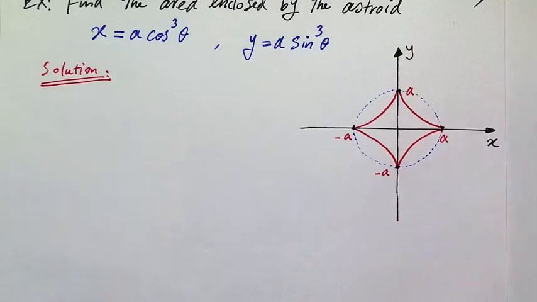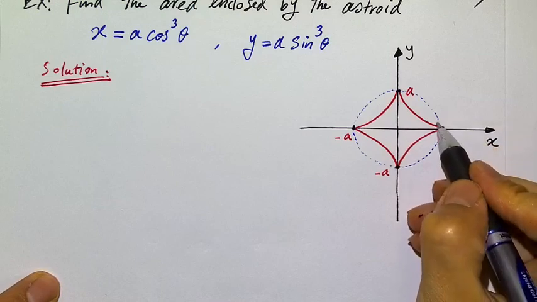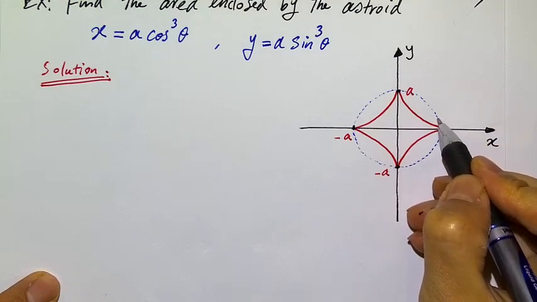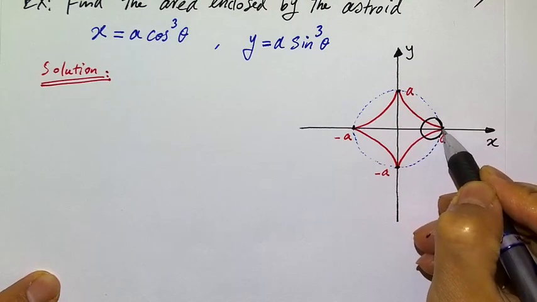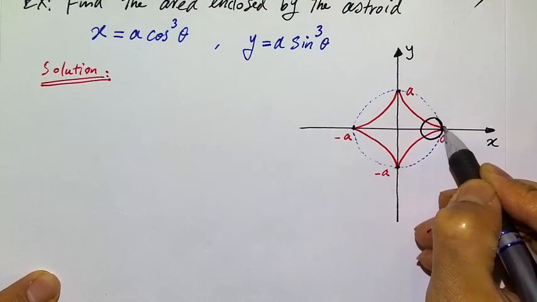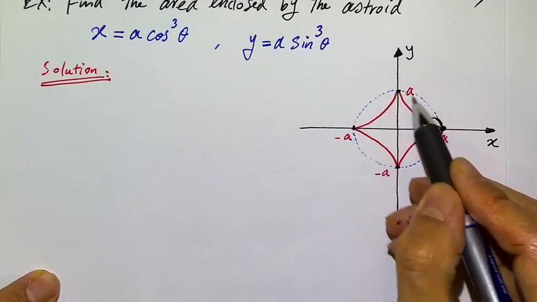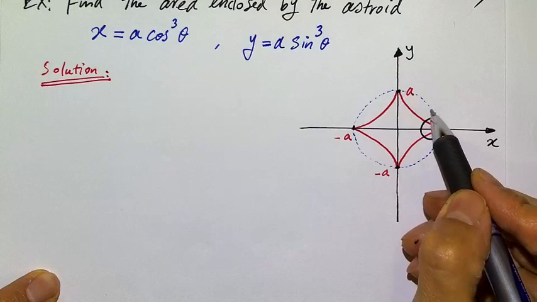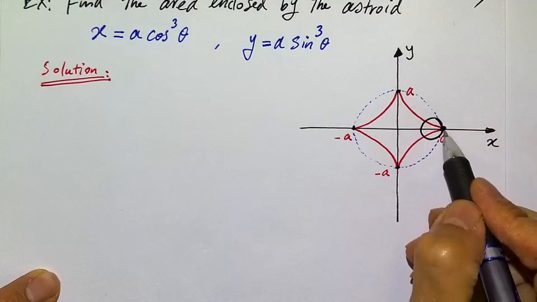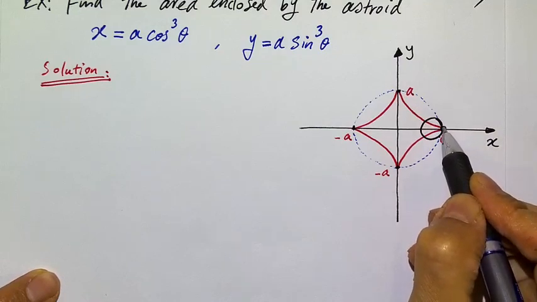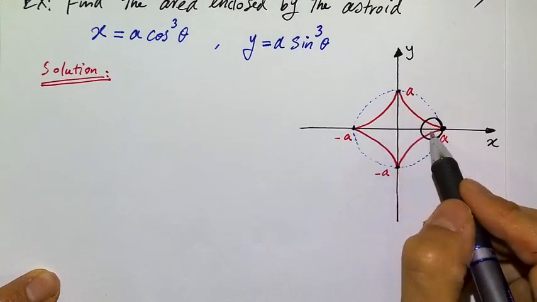And then imagine a small circle of some radius on the inside, and I will draw that with something like this. So imagine that circle starts here, the little circle, and rolls along the interior of that larger circle. So this little circle rolls along the interior boundaries of that larger circle, and that point that you see will trace what you see as the asteroid, the red lines.